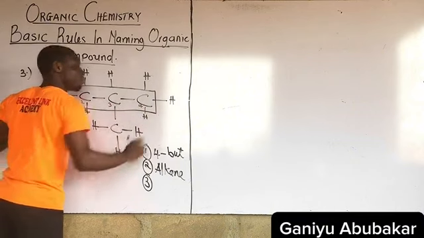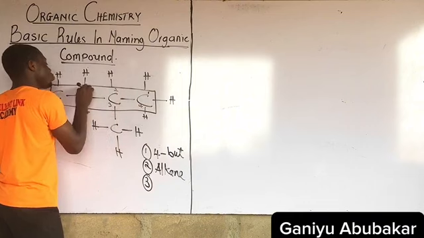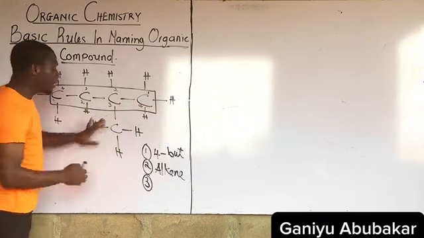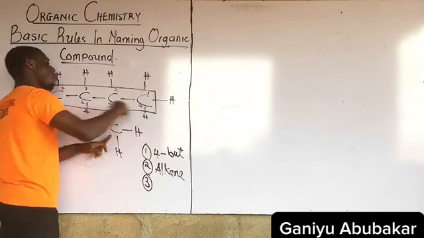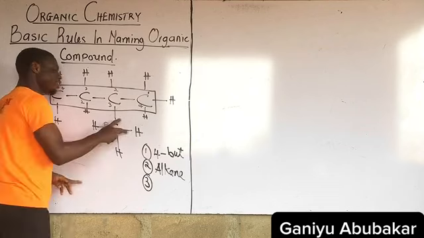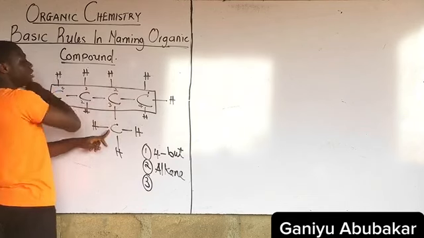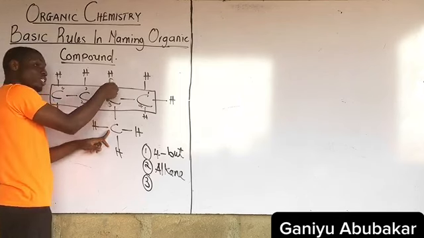Using lower numbering, I'll have carbon 1, 2, 3, 4. This substituent is attached to carbon 3 using my upper numbering, and attached to carbon 2 using my lower numbering. Between 3 and 2, which one is the least? Of course, 2 is the least.